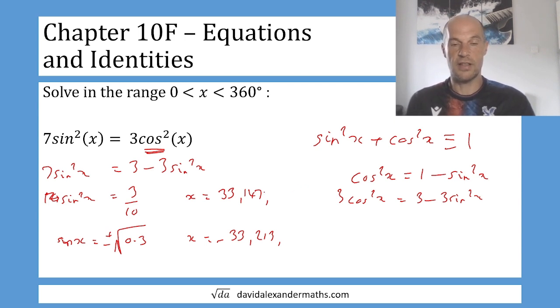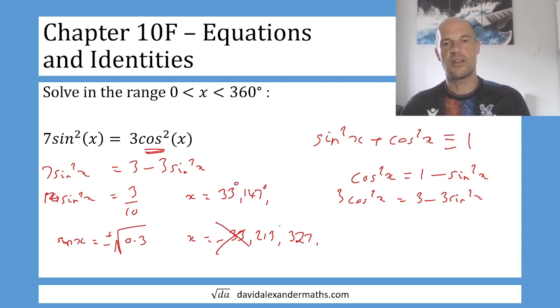So 360 minus 33, in other words, is 327. The fourth one will be 213 plus 360, which takes me out of range. The minus 33 is outside of the limits as well. So there we have four solutions: 33 degrees, 147 degrees, 213 and 327 degrees.